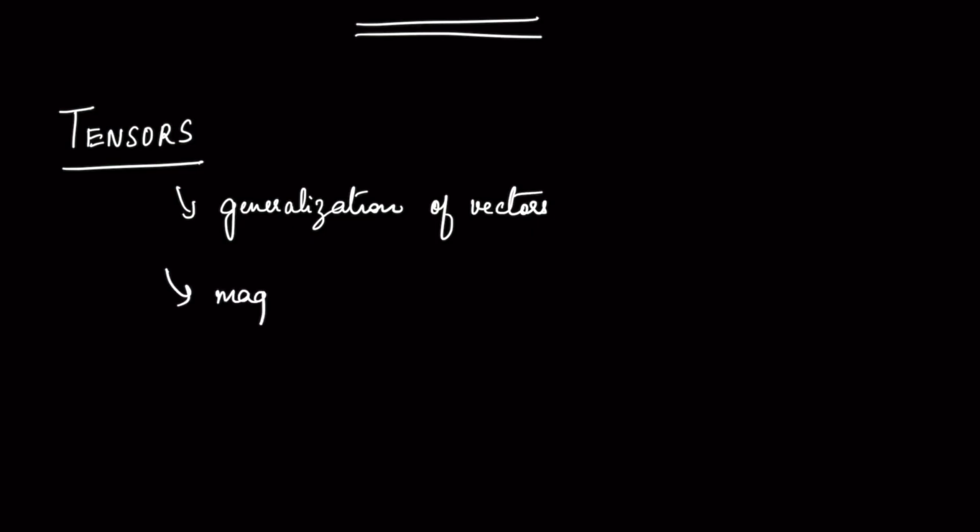In scalars you had just magnitude, right? When it comes to vectors you have both magnitude and a direction. Now we are coming to tensors where you have magnitude, direction, and the speciality is that this direction is specified on a plane.